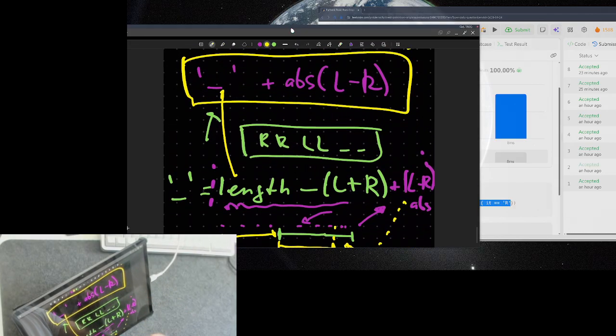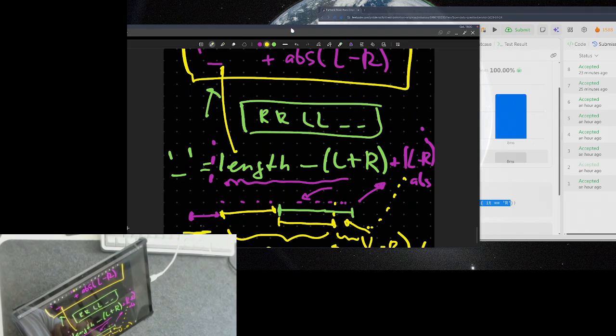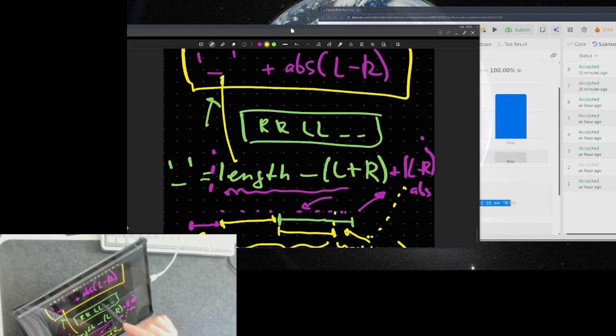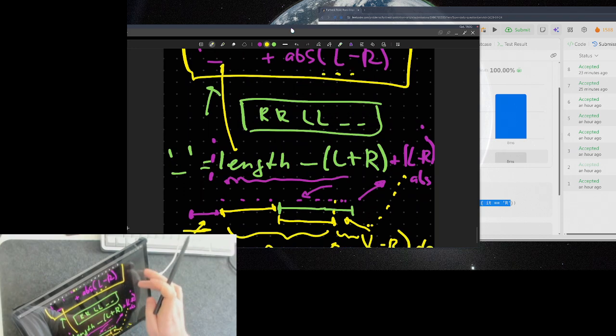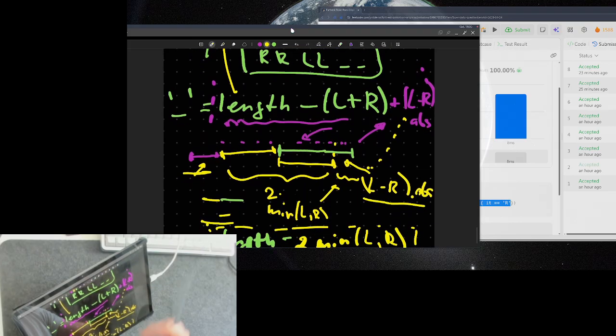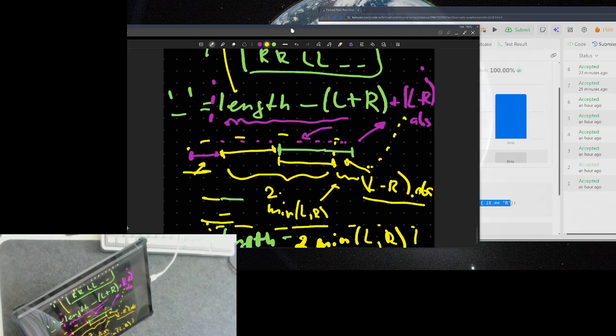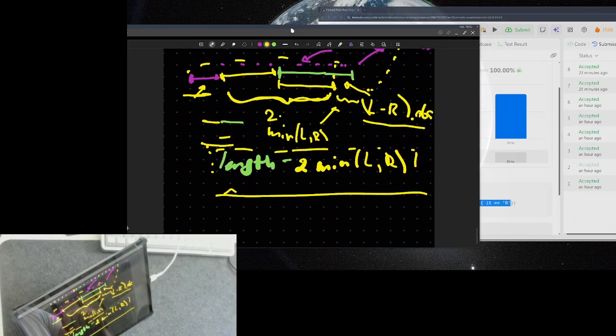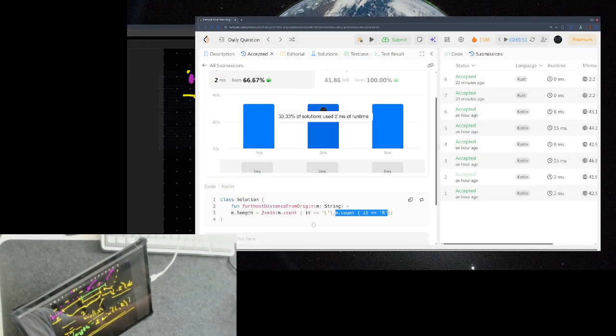So if you take the underscores, this would be underscores. Look at them. And the absolute value of L minus R is this one. So we're removing from the entire length these 2 yellows. This is the final formula. I hope I explained it now.